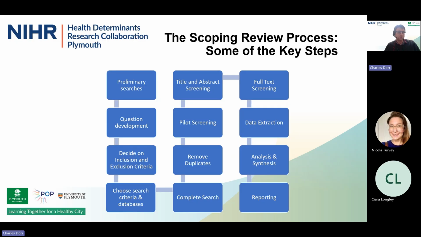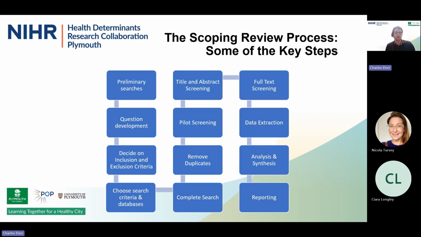Then after you've completed the search and removed the duplicates, the next stage is to do some pilot screening. This is where you can get together as a research team and check your criteria for including and excluding, and try to apply it to some of the articles and discuss how you think they apply.